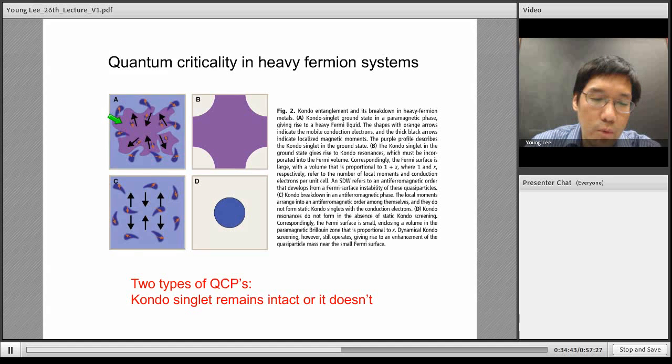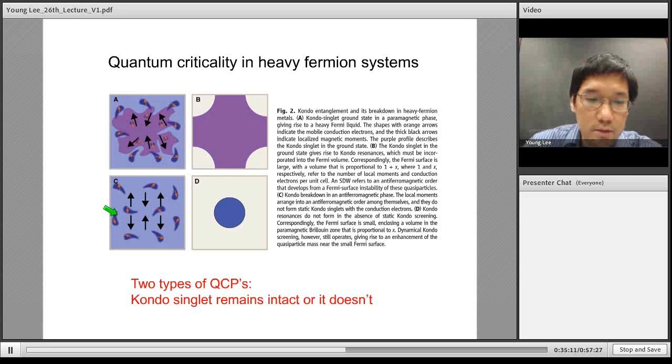When you have ordering in this other scenario, you break that singlet. So the f electron moments are now simply localized. You have well-defined local moments that form this up-down antiferromagnetism. And you don't have this screening of that moment due to the Kondo effect.